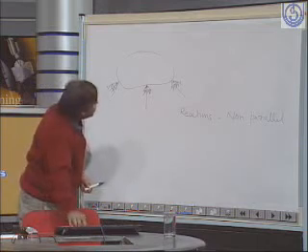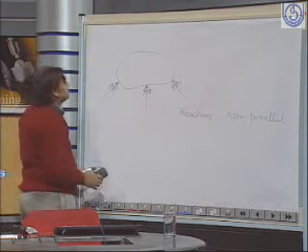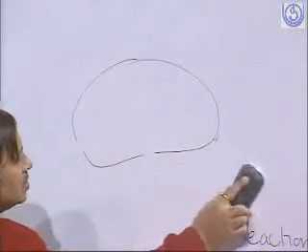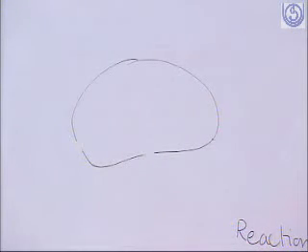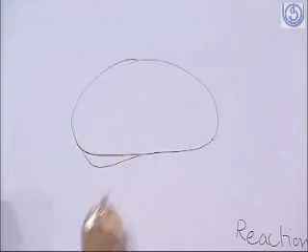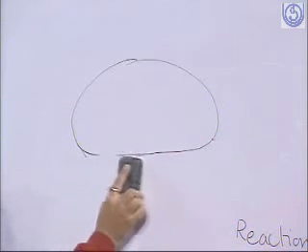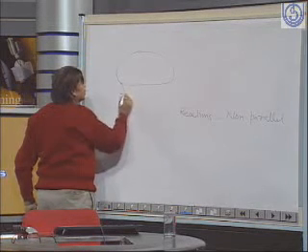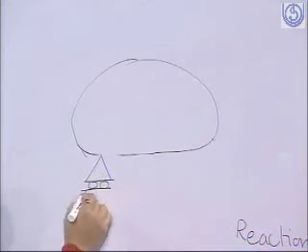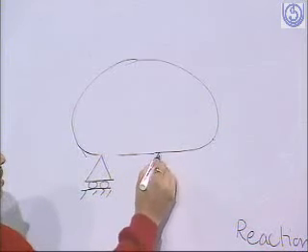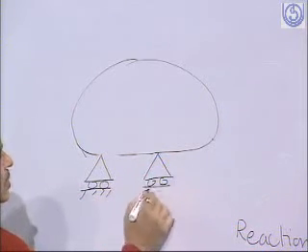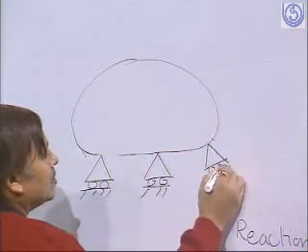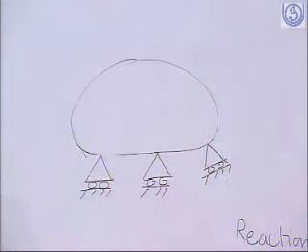Again, we are saying that it should be non-trivial. What does it mean? It means that suppose for a structure you have provided roller support at these three places.